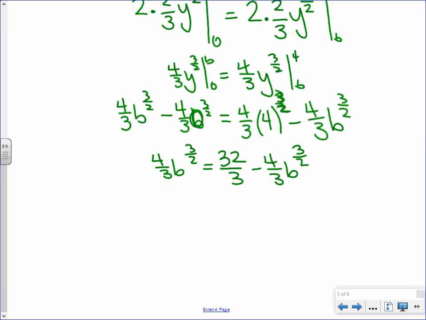Okay. Then we have b to the 3/2 on both sides of the equation. So I'm going to go ahead and add this negative 4/3 b to the 3/2 to the other side, so that we have 8/3 b to the 3/2.